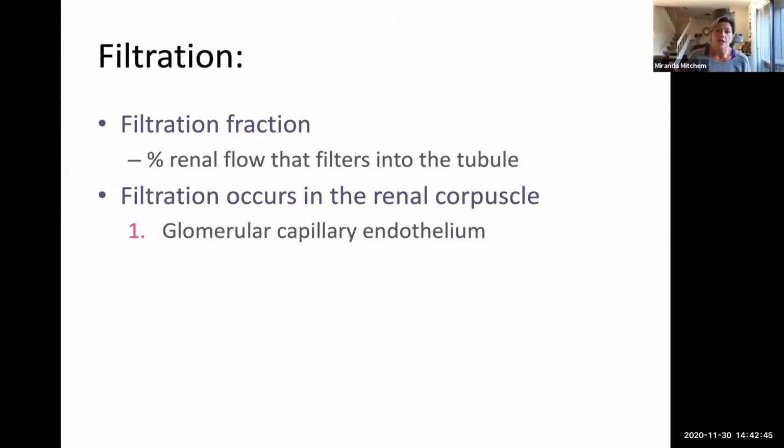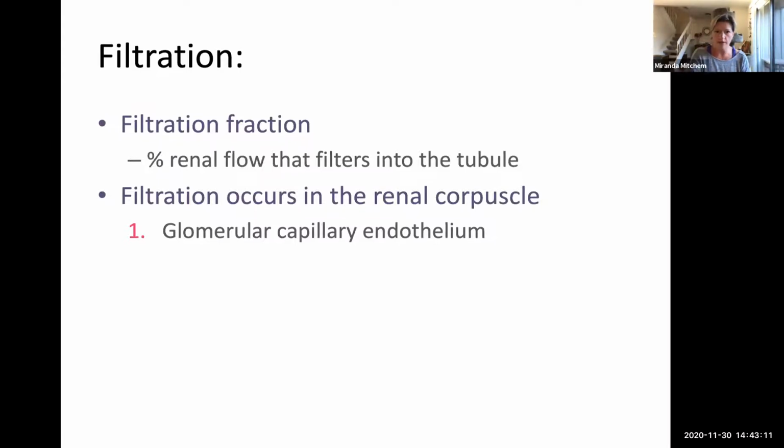Now, we've got filtration occurring at a few places, and we also have a number of factors that can impact filtration. One of those would be the endothelial layers of the glomerulus. If material is going to filter out of the blood, it needs to pass out of the blood vessel.